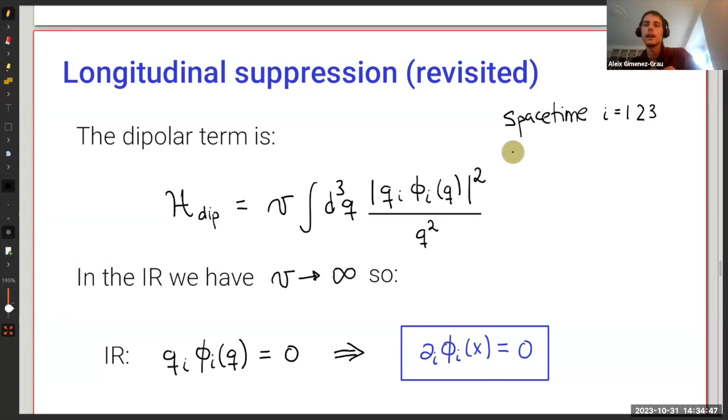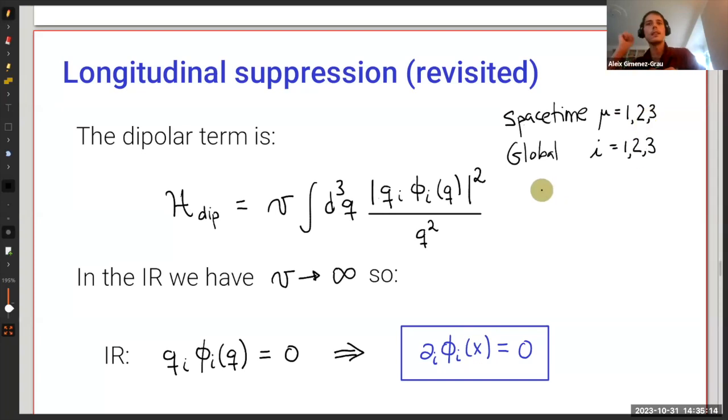Another one is global symmetry. For space-time, people would usually call this index mu, and for the global symmetry, people would typically call this i. Since we are in the O(3) model, this runs over 3 numbers: 1, 2, and 3.